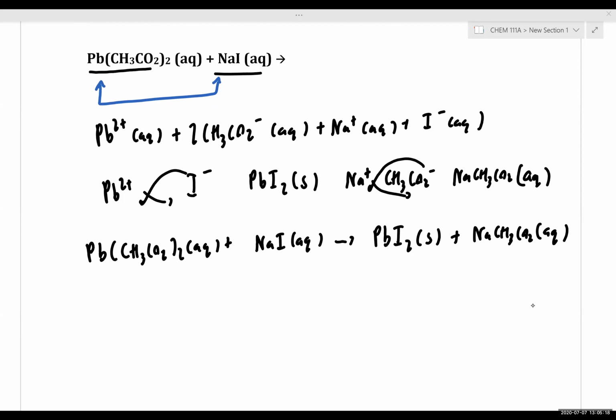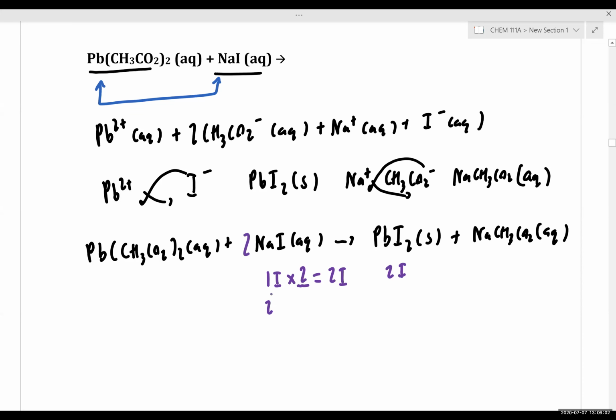And now my question to all of you is, is this equation balanced as written? No, it's not balanced because as we can see, we have 2 iodines on the right. We have 1 iodine on the left. So what times 1 would give us 2 iodine atoms? Okay, so we need a coefficient of 2.